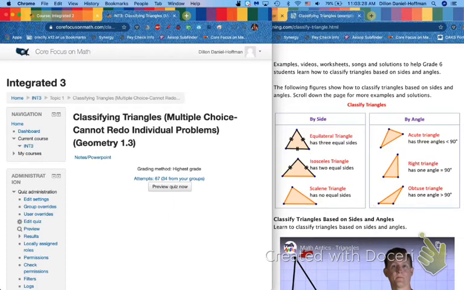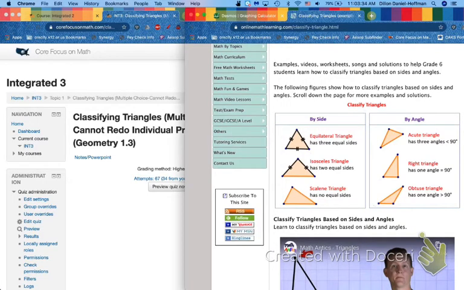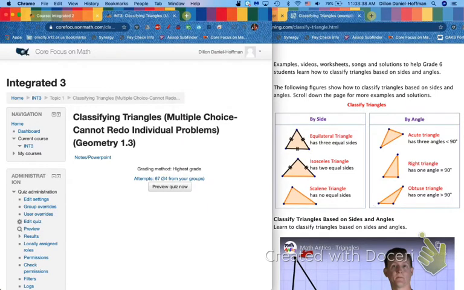All right. For now, though, assuming you don't have access to any of that stuff, I'm just going to have you look over here on the right side, and we could review together the three types of triangles by side and the three different triangles by angle. Something about my integrated class, I say this often, is that each unit is like going into a different world of a video game, where you start super simple, and then you work your way up to the boss. The boss is often pretty difficult, and then when you go to a new world, you start back at simple again.